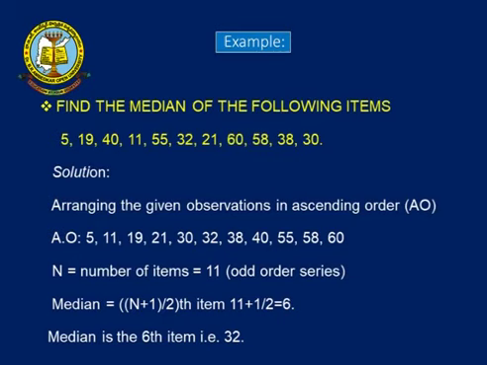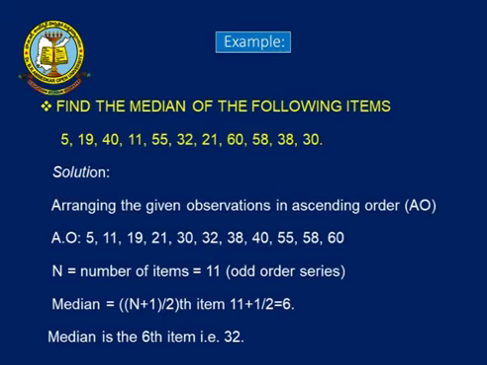Next, count the number of observations. Here capital N is equal to 11 observations. 11 means an odd number. Then the median is the (n plus 1) by 2th item, where n is 11. Substituting, (11 plus 1) by 2 is 12 by 2, which means 6.